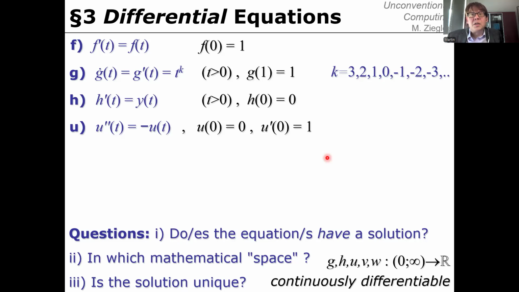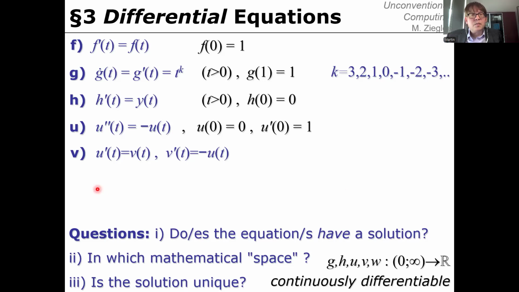Next, we're going to look at a system of differential equations. So here we have a system for two functions. We want to find a solution which consists of a vector, a tuple of functions. So this is combined: u prime should be v, and v prime should be minus u. Can we solve that? Can we find a solution?